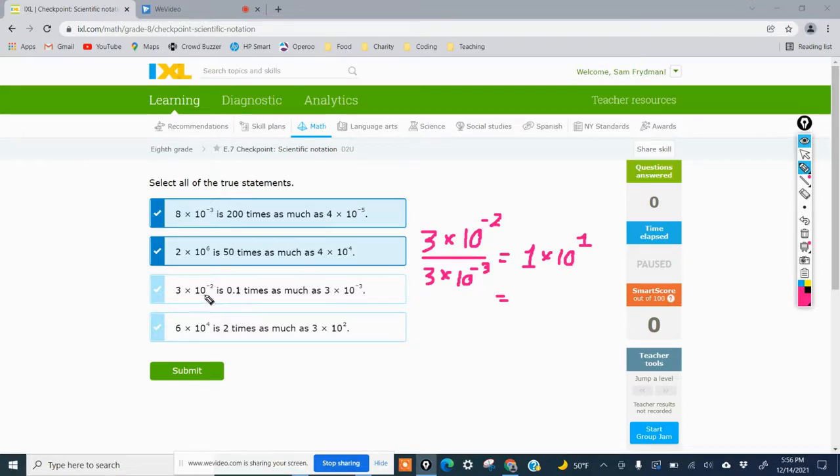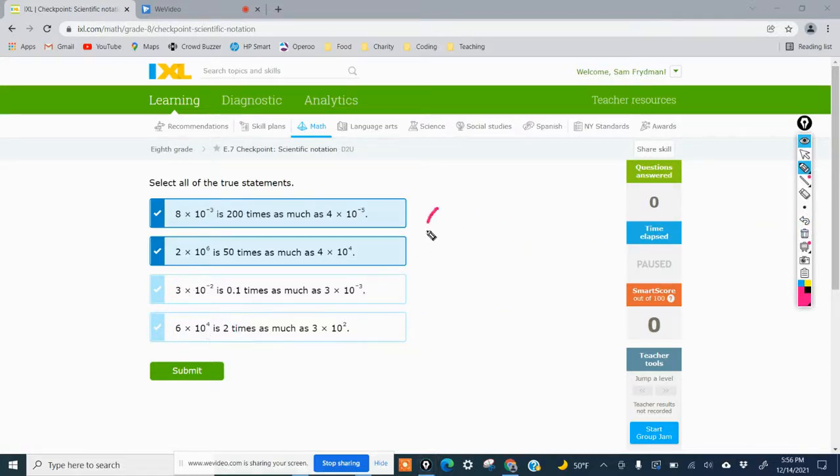Okay, so this is incorrect. 0.1 is the same thing as 10 to the negative first power. If it had said 1 times 10 to the negative first power, then this would be correct. But we got 1 times 10 to the positive first power, which is just 10. So that's wrong. We're not going to click on that one.